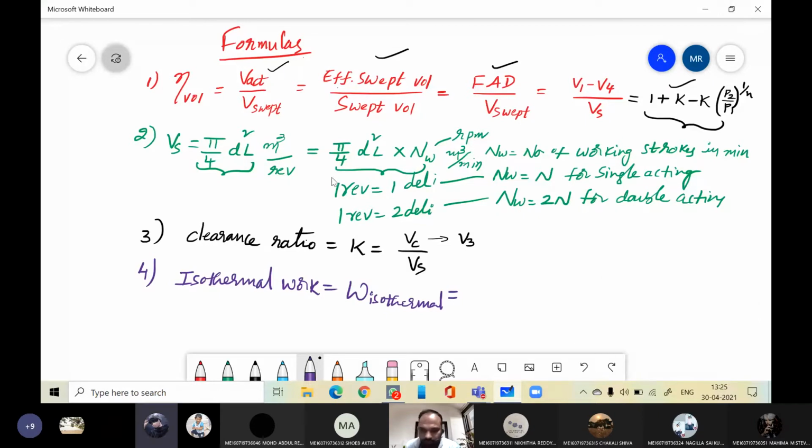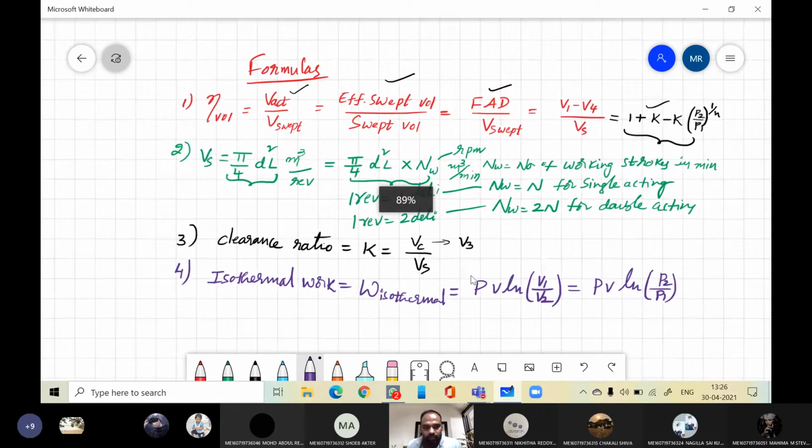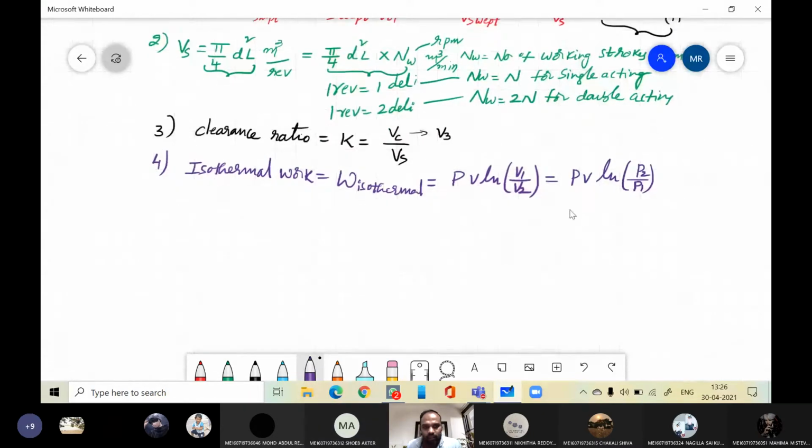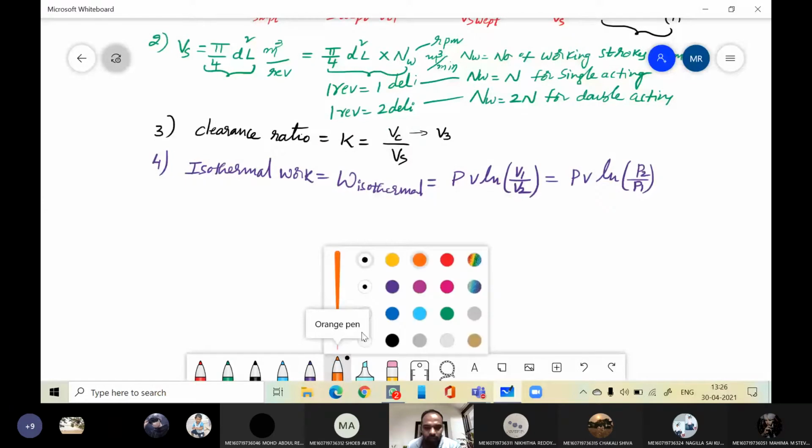Isothermal, not polytropic: PV ln V1 by V2, or in terms of pressure ratio, PV ln P2 by P1. Isothermal compression work. Yes or no? Yes. Clear? Right.